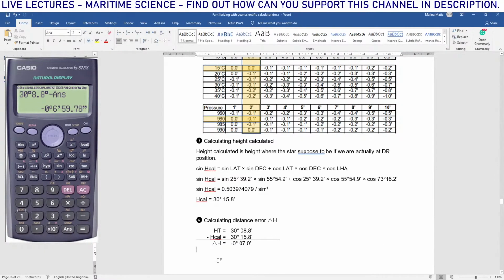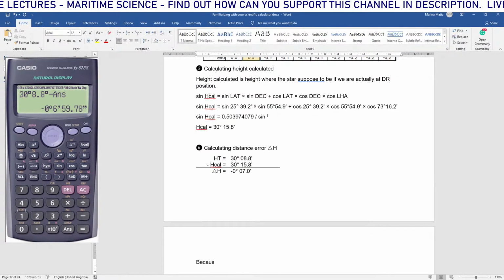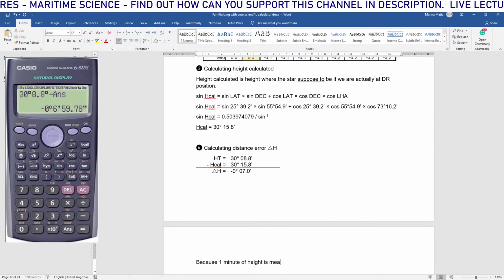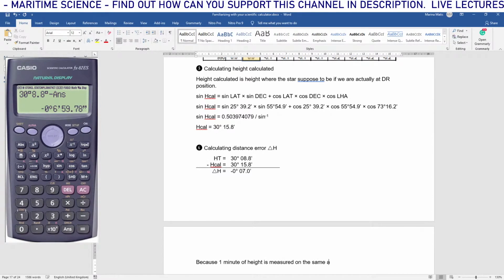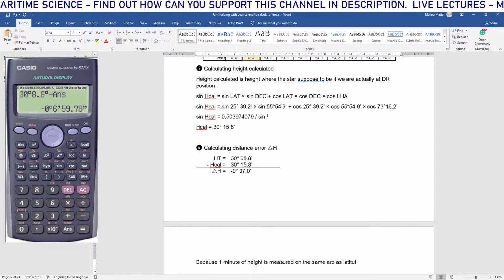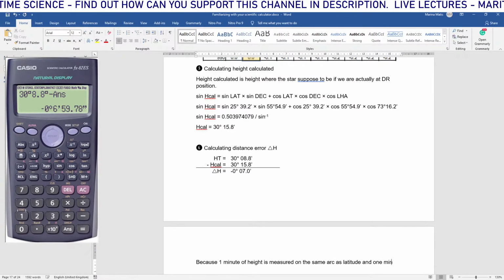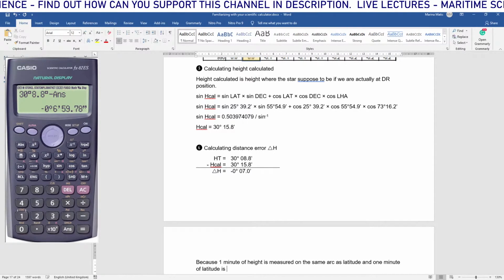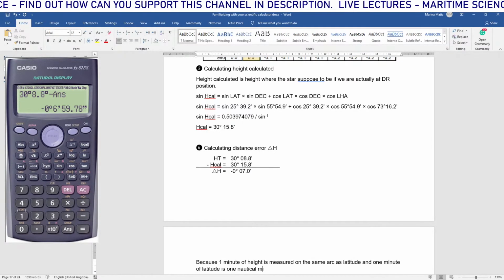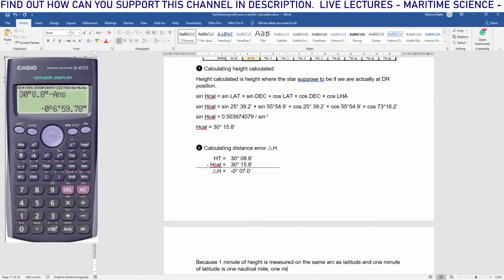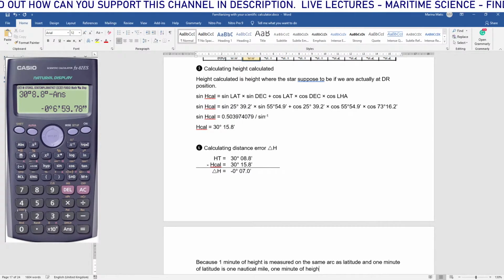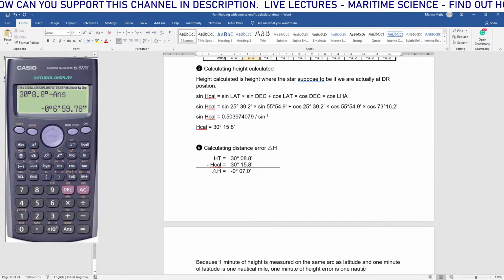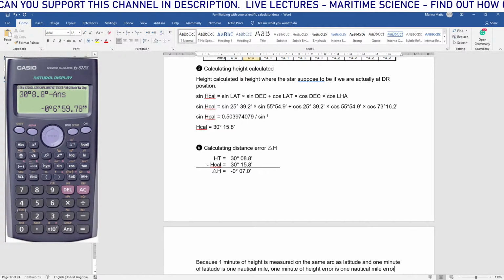And because 1 minute of height is measured on the same arc as latitude, and 1 minute of latitude is 1 nautical mile, 1 minute of height error is 1 nautical mile error.